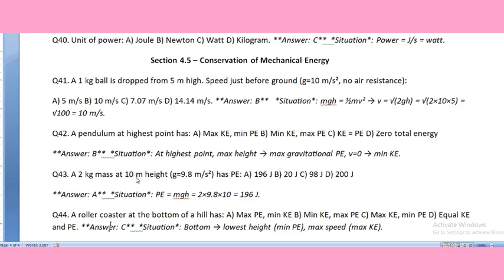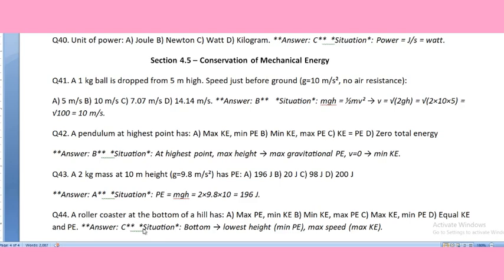According to the given, the mass of the object is 2 kilogram, the height is 10 meter, and gravitational field strength is 9.8 meter per second square. Simply inserting the given values into the equation, potential energy is the product of mass times gravitational field strength times height of the object, which is equal to 196 joules.